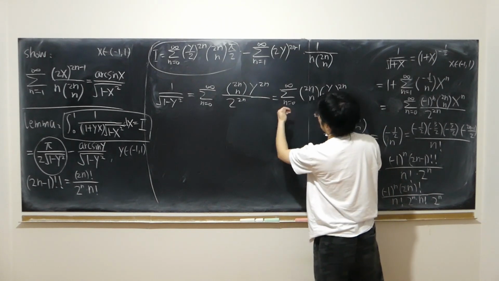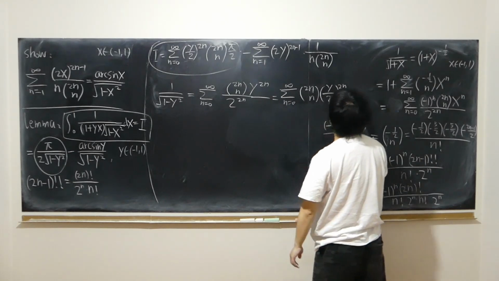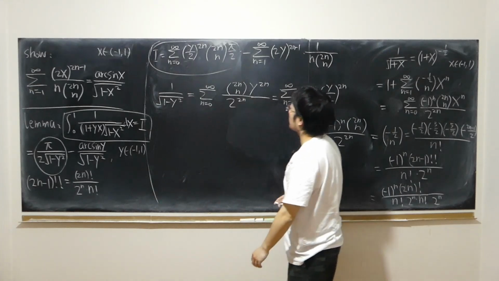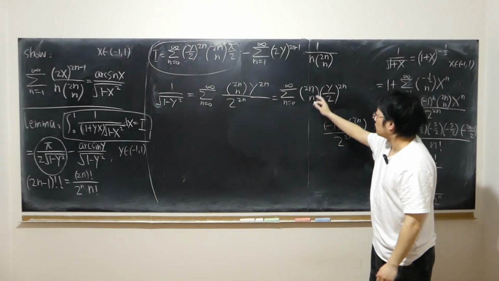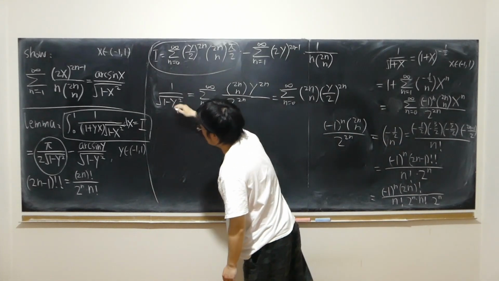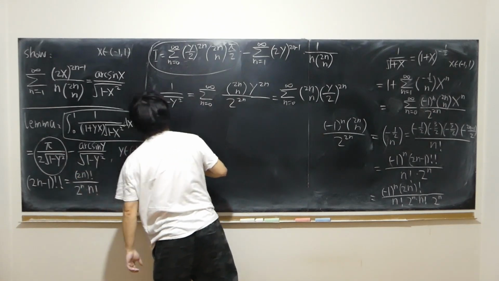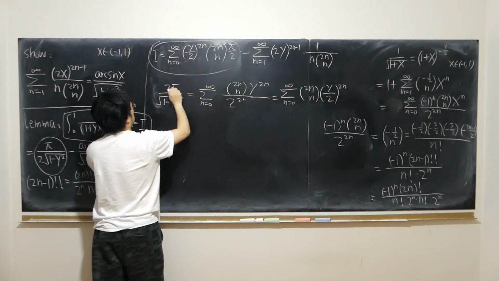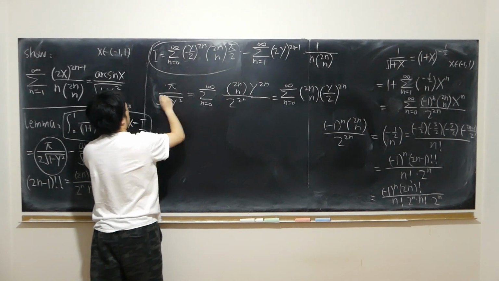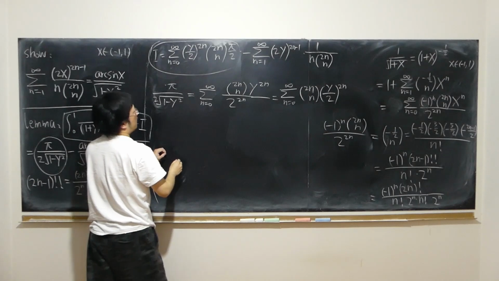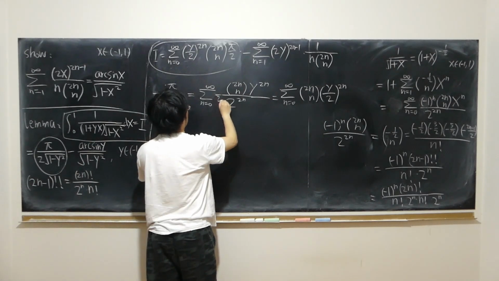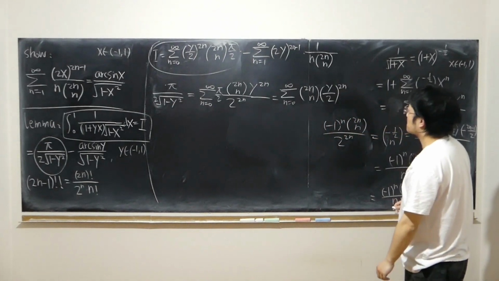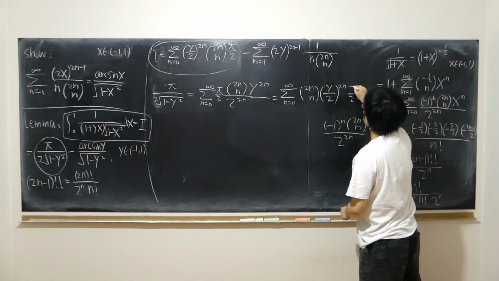So that's the power series in y, and y is in this open interval, no problem. You can express it in this way. Then you just multiply by half pi.